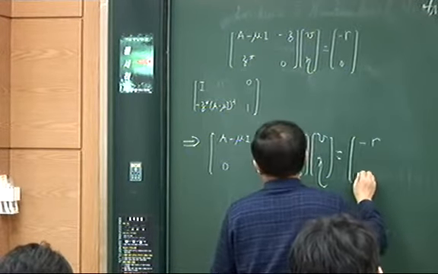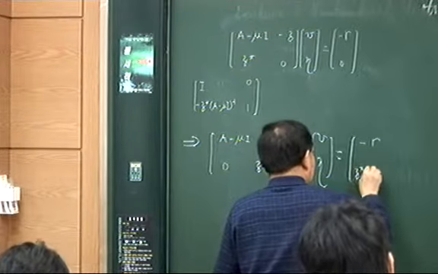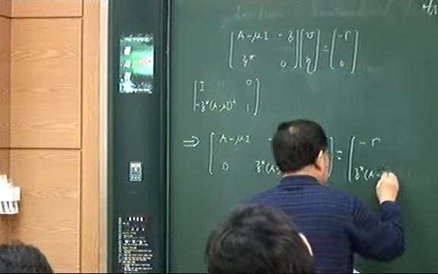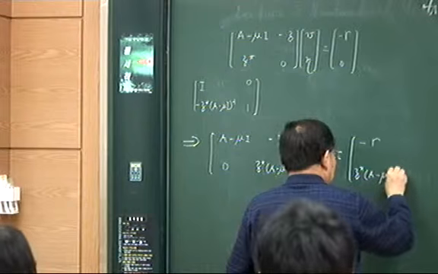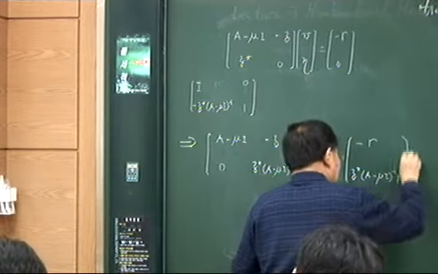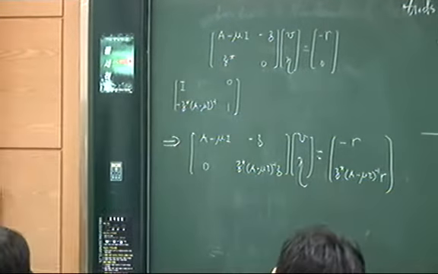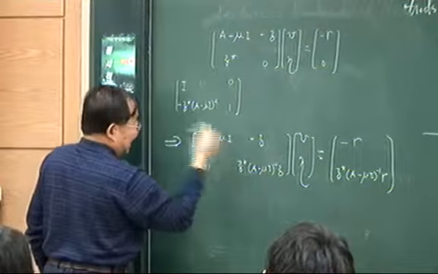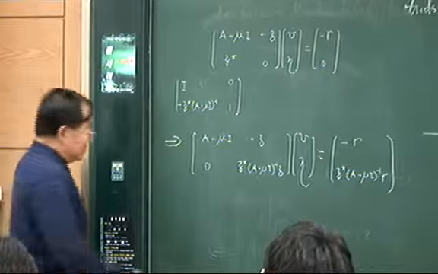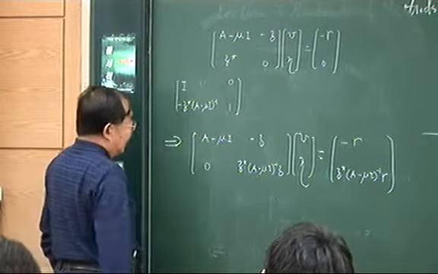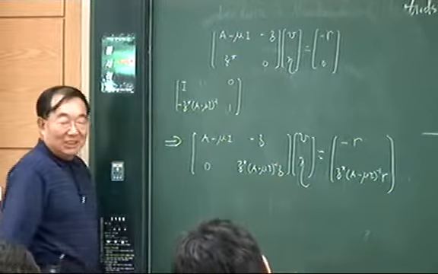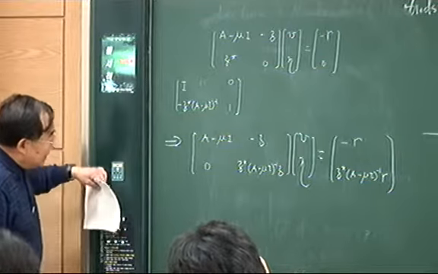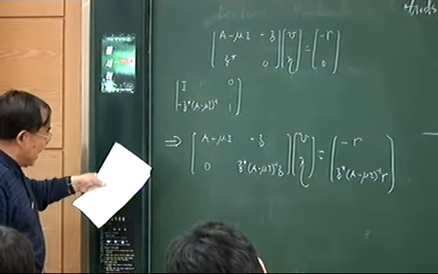This is changed into this form; we just multiply from this side to get this one. This becomes 0, so this is a triangular system.